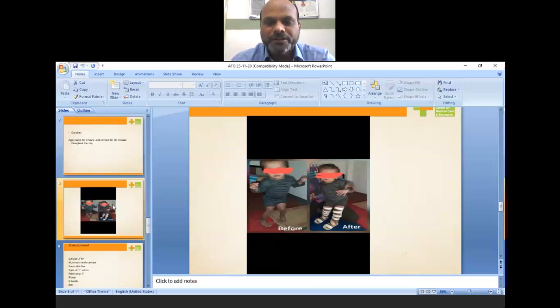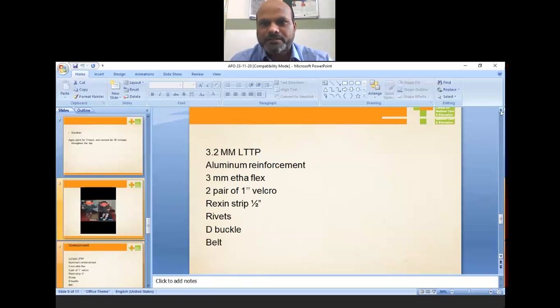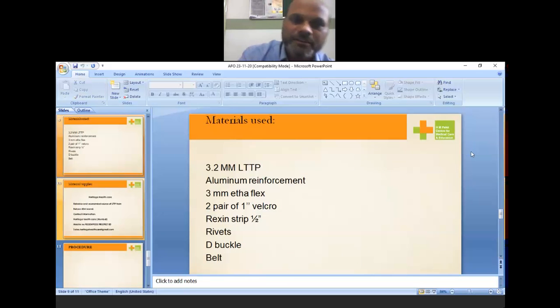This is another case where we have to use the splint, and we can see the before and after condition of the patient. Now the materials which can be used for the splinting are the 3.2 mm LTTP, low temperature thermoplastic. Okay, aluminum reinforcement which we can use for the reinforcement or for the angle purpose. 3 mm Ethaflex we can use here for the padding purpose. 2 pairs of 1-inch velcro which can be used to tie the belt or tie the splint.